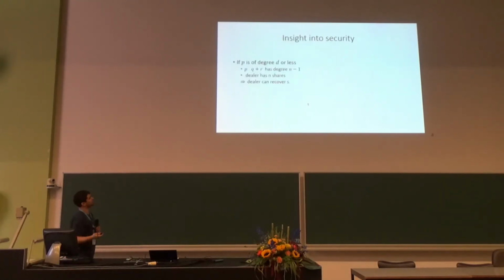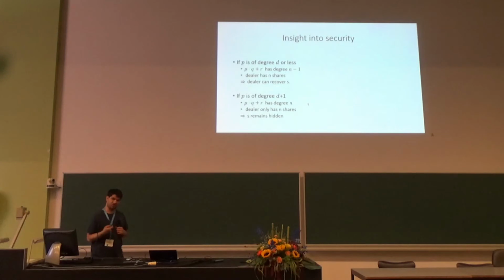Why is it going to work? Well, if the polynomial has degree d or less, he has enough shares to reconstruct the secret, and then he can use the secret as a proof that he acted honestly. But what happens if the degree is too high? It turns out that the resulting polynomial is going to have degree n, and he does not have enough shares to recover the secret.